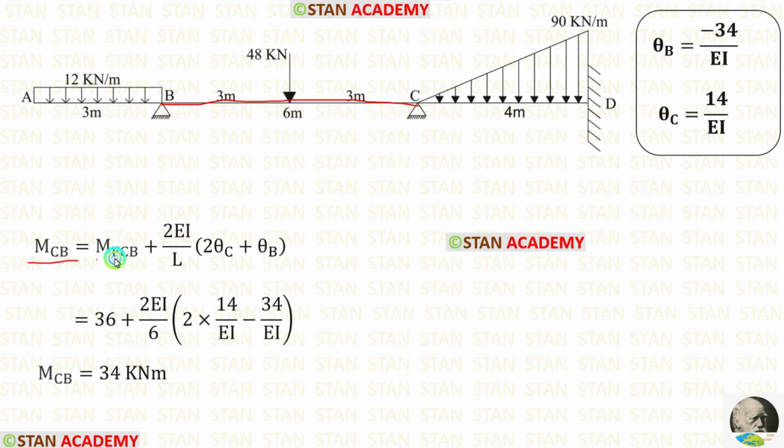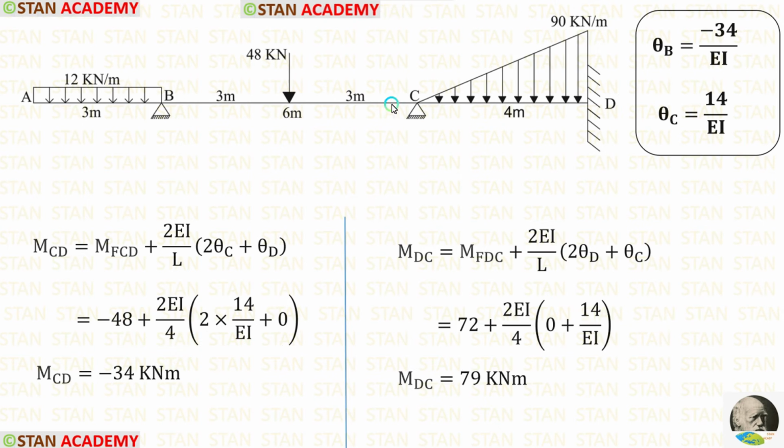Here let us apply the fixed end moment. Length of BC is 6 meter. Let us apply that. After applying the values of theta b and theta c, we are getting MCB, which is equal to 34 kilonewton meter. Now let us make the slope deflection equations in the span CD. In the equations, let us apply the fixed end moments.